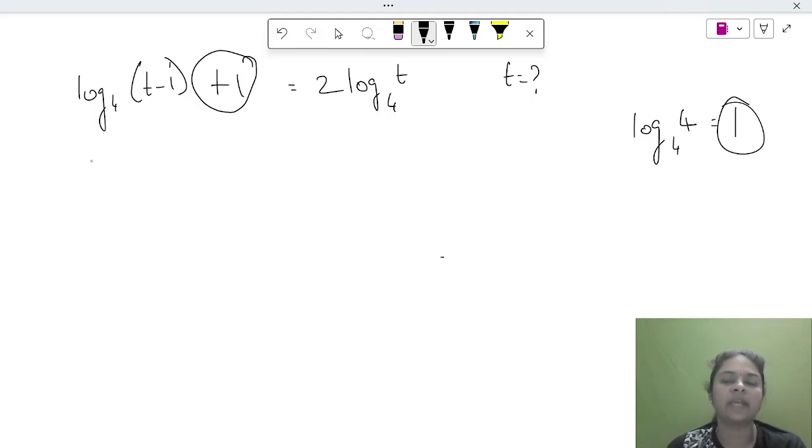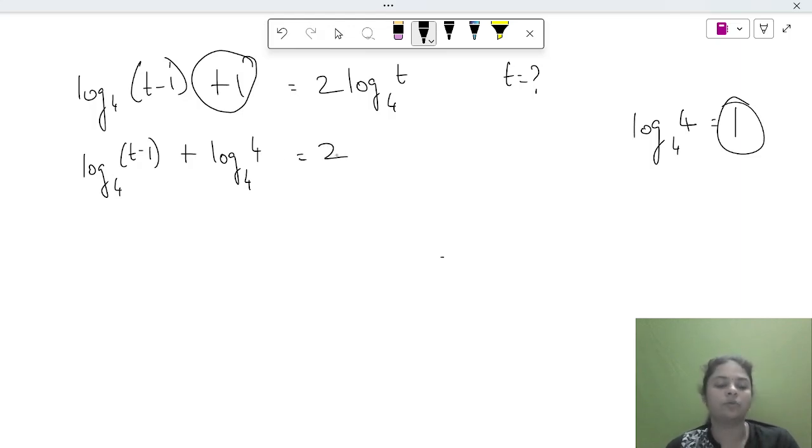Correct? So now we can write log base 4 of (t minus 1) plus log base 4 of 4 is equal to, now the 2 can be moved to the other side by taking it as a power. So we can write this as log t square to the base 4. Am I clear now?